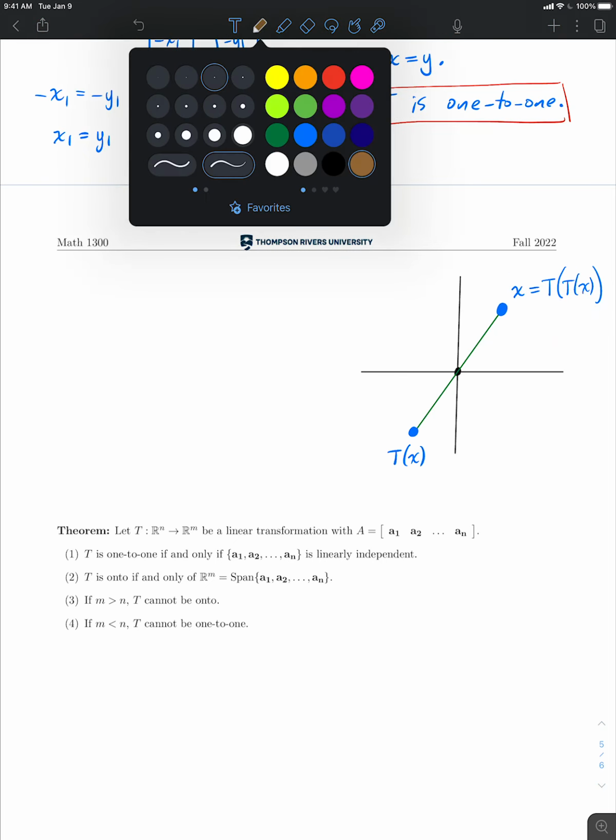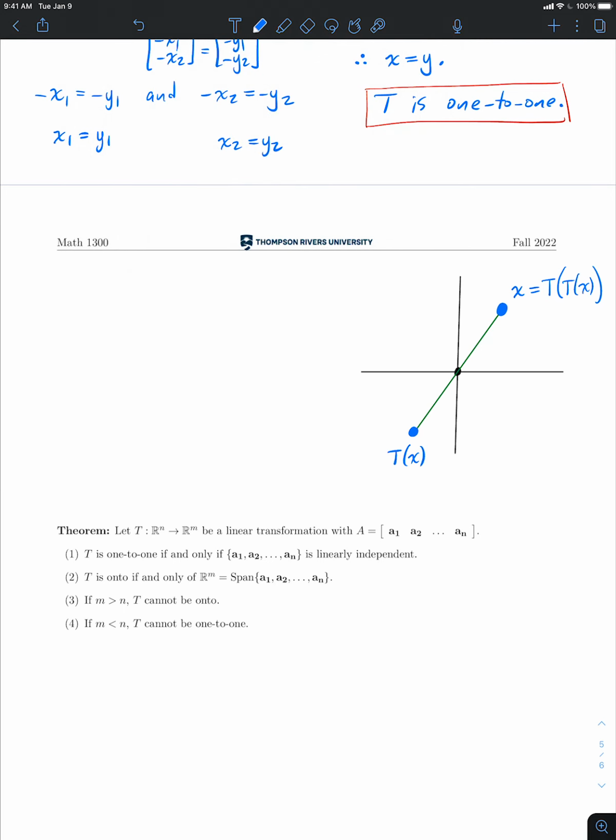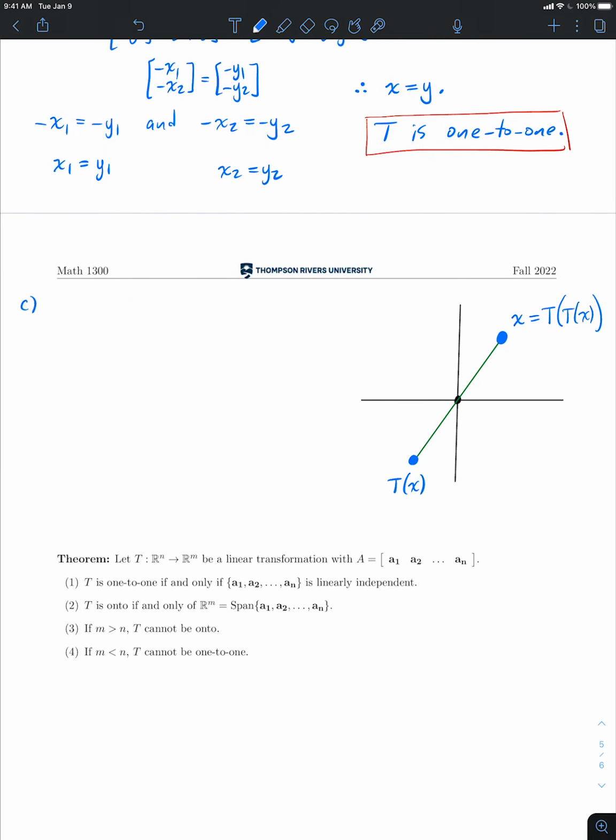Let's use that idea to prove that T is onto. We pick an arbitrary y, written in terms of its coordinates, y1, y2. That's an arbitrary vector in R2, and we're going to show that it's equal to T of something.